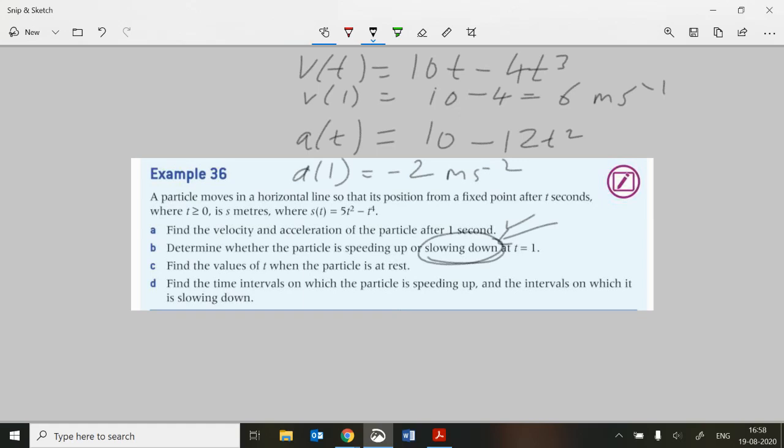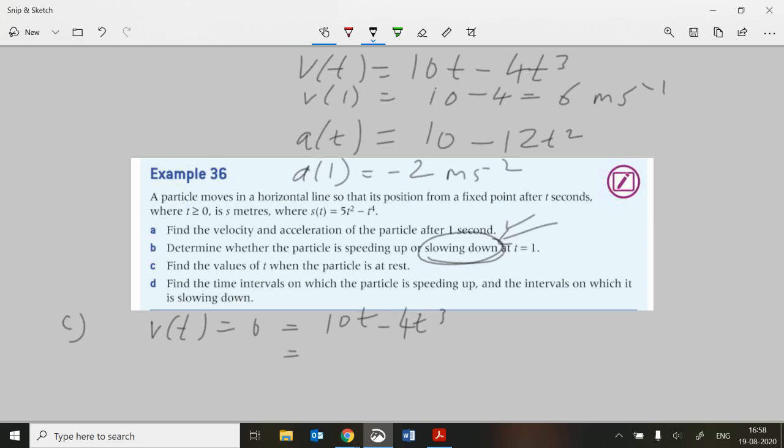Find the values of t when the particle is at rest. Well, it's at rest when there's no velocity, when it's not moving. So we need to find when v of t is equal to 0. That's part C. So we set 10t minus 4t cubed equal to 0.